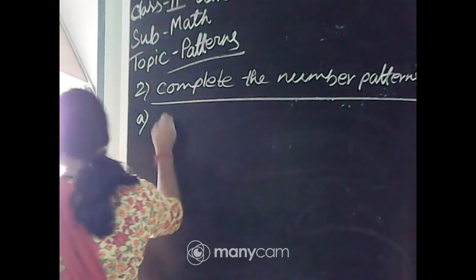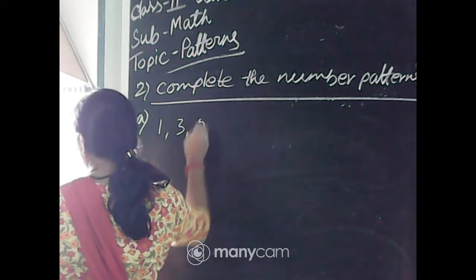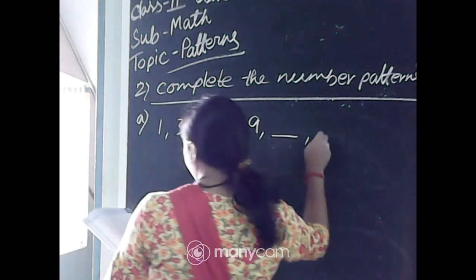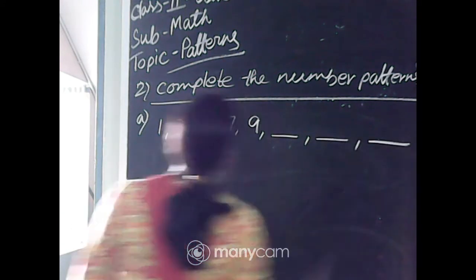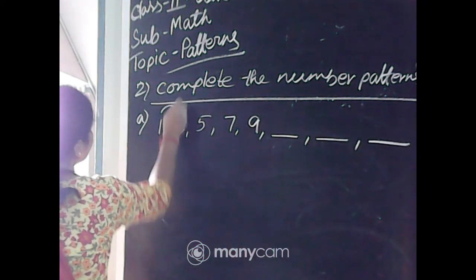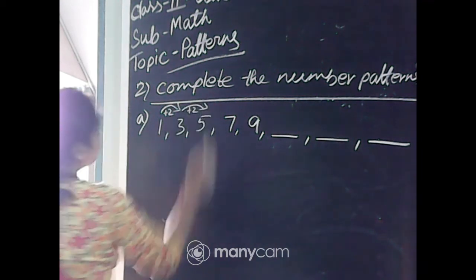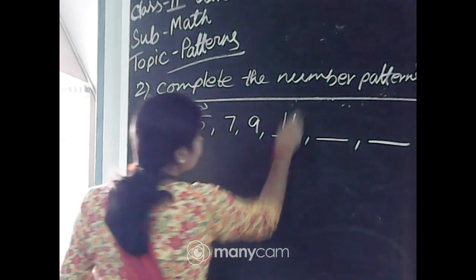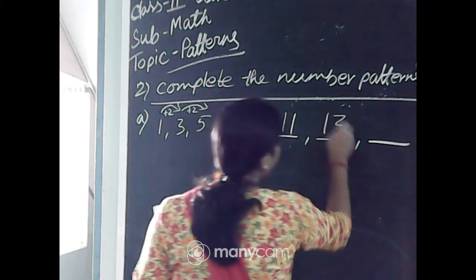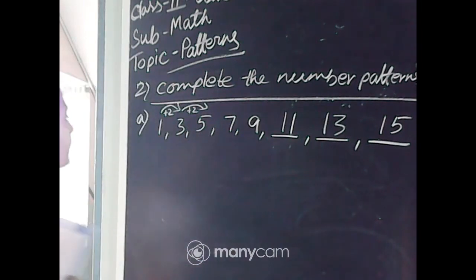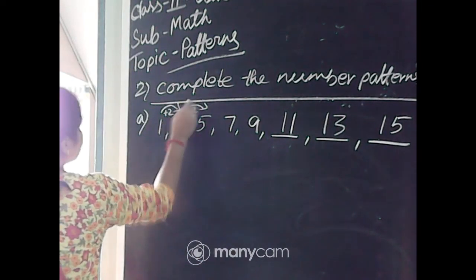Number A, 1, 3, 5, 7, 9, then 3 gap, that 1, 7, that means which pattern followed? Plus 3 plus 2, 5, that means 9 plus 2, 11, 11 plus 2, 13, 13 plus 2, 15, yes, that means followed here plus 2 plus 2.